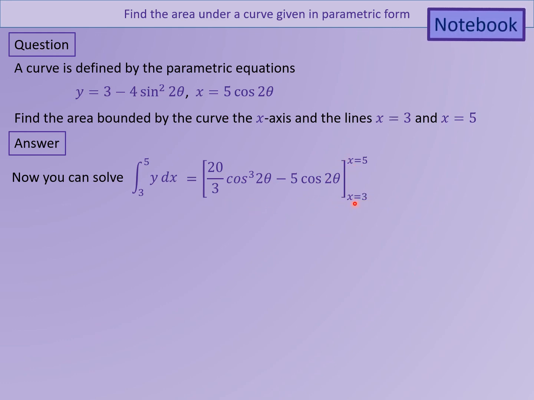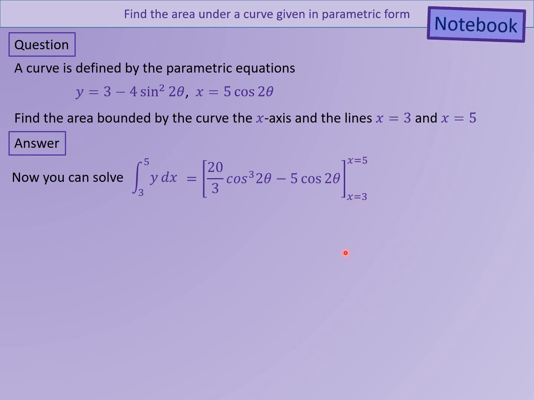It's very easy just to stick the 3 and the 5 in, but you need to notice that when I integrated this in terms of x, your x values go at the end. So x equals 3, x equals 5, not your theta values. You've got 2 choices now. You can either change the theta values here into x's, or you can change the x values here into thetas.